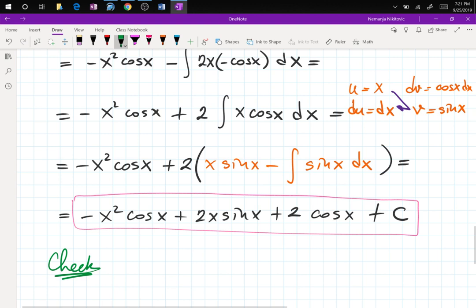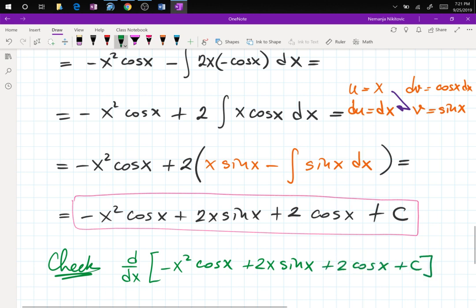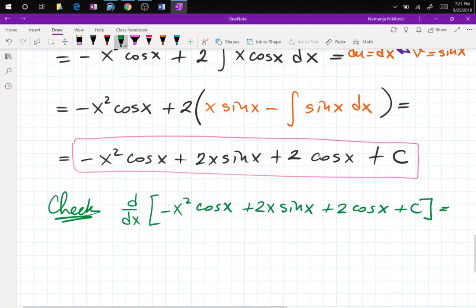We are going to differentiate the red box to look for the right result we need. So the derivative of negative x squared cosine x plus 2x sine x plus 2 cosine x plus c, which will go to 0 when you differentiate.